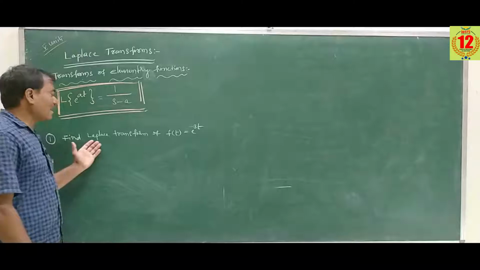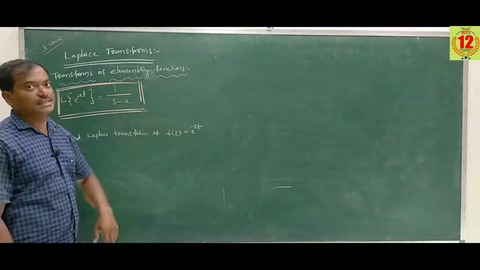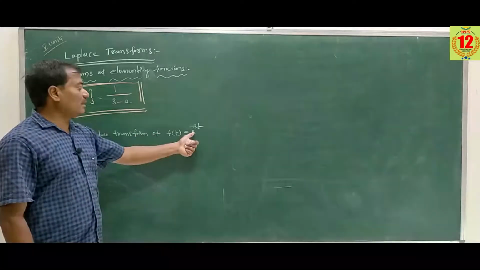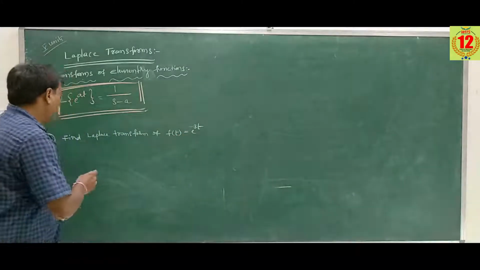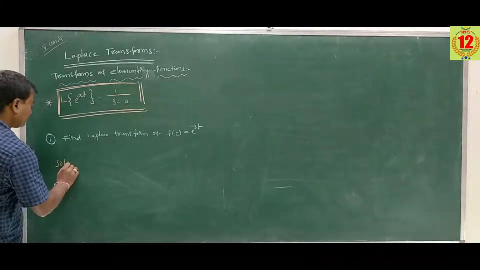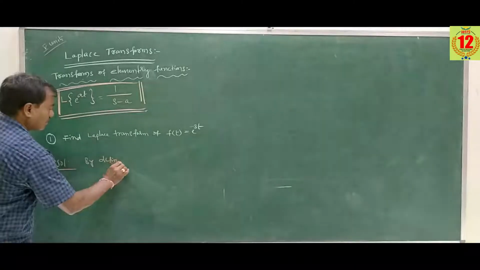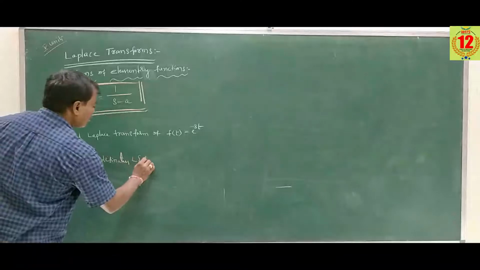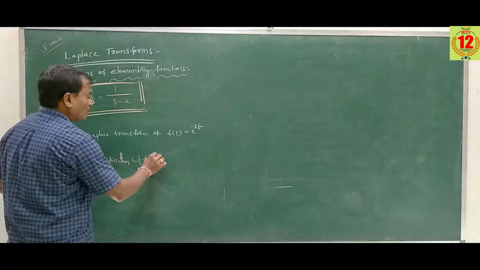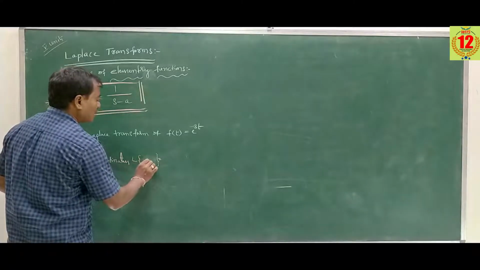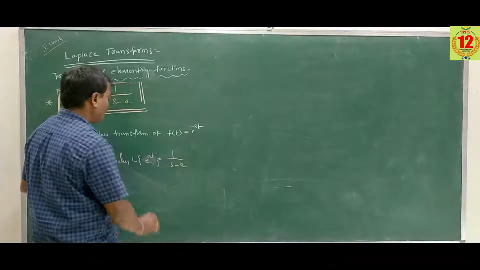The question is, find the Laplace transform of f of t equal to e power 3t. So the given function is of the form e power at. Now solution. By the definition, Laplace transform of e power at equal to 1 by s minus a.